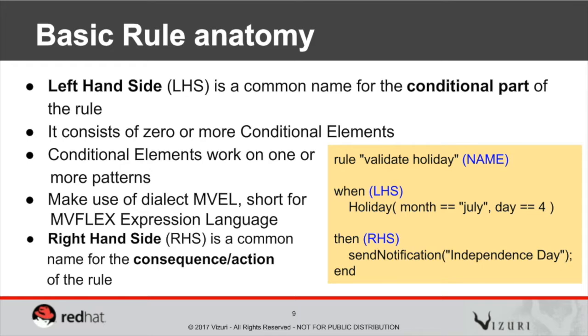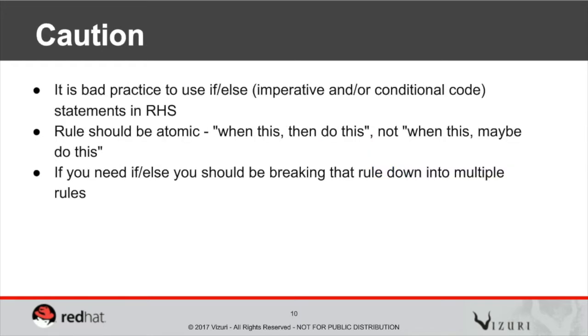Now just some caution. As you note on the right-hand side, I didn't include any additional if-else statements. It is very important in the action side just to take action. Don't go ahead and add additional conditions. A rule should be atomic. When this, then do this. Not when do this, maybe do this.